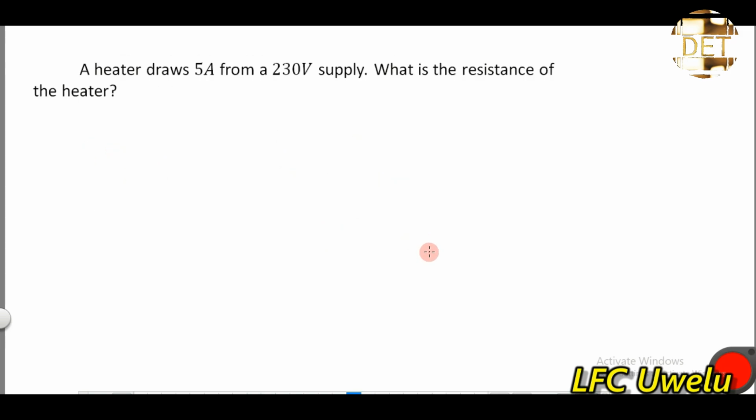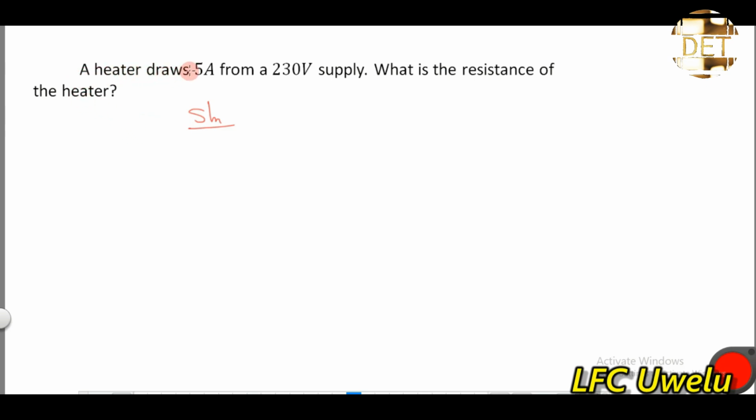So let's look at the last example or question that we're going to look at in this video. A heater draws 5 amperes from a 230 volts supply. What is the resistance of the heater? So the first thing we're going to do is to bring out the parameters, right?